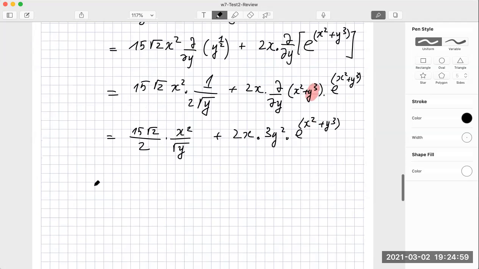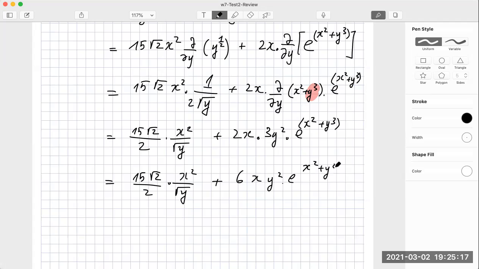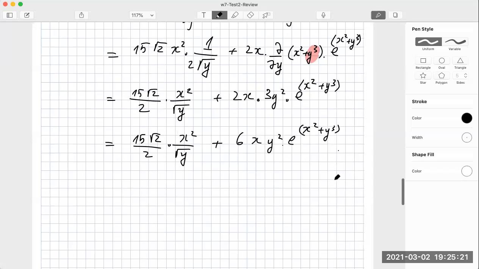We can simplify it, which will be 15 square root of 2 divided by 2 x squared divided by square root of y, and 2 times 3 would be 6xy squared e to the x squared plus y cubed. Okay, that is question B.